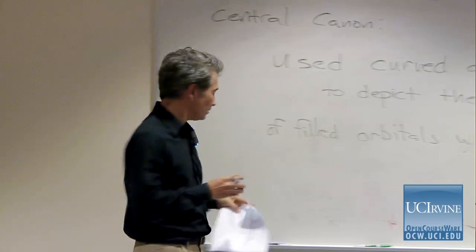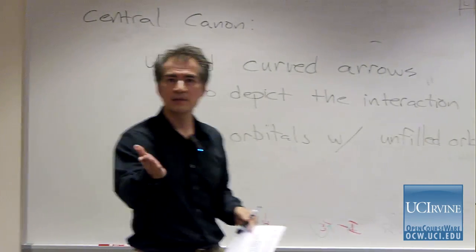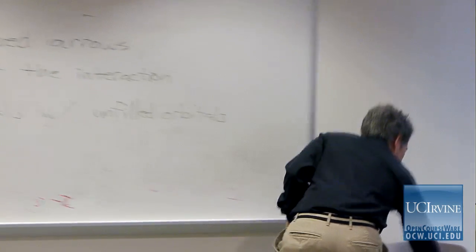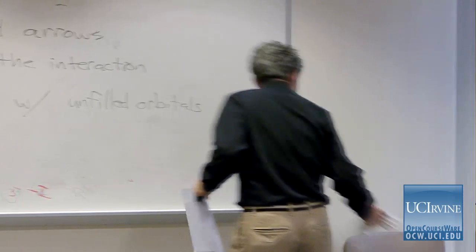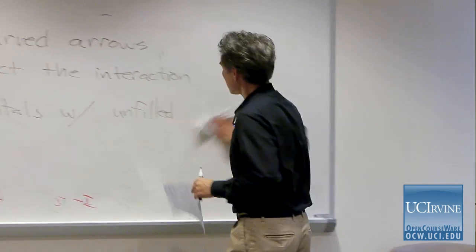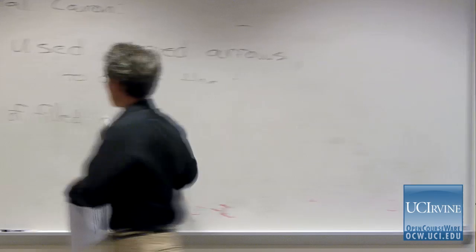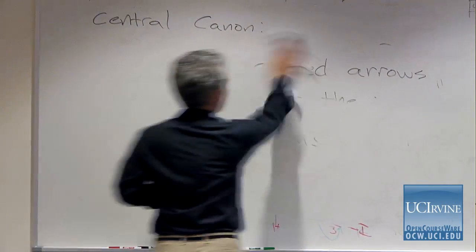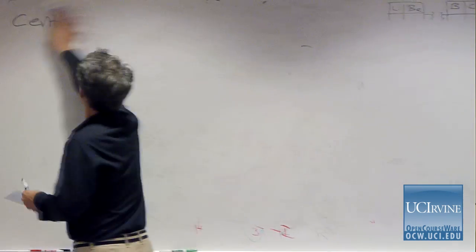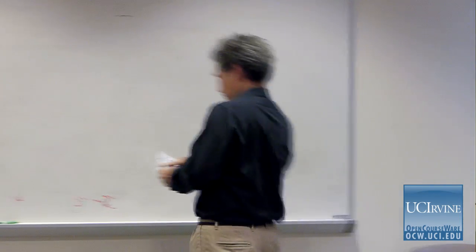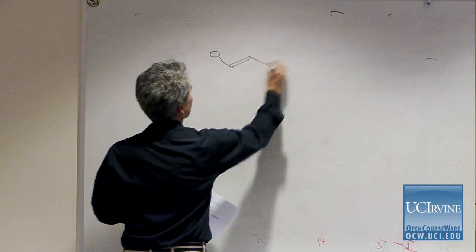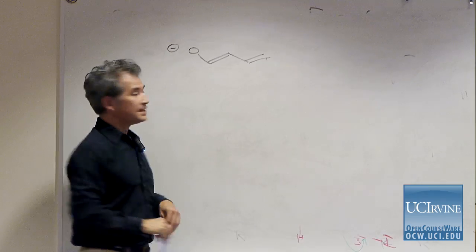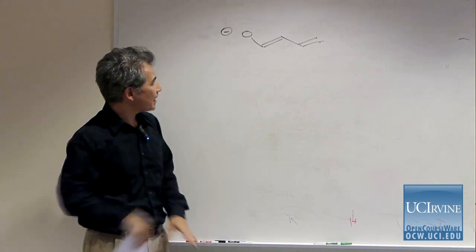Let me give you an example to suggest that you've probably been doing this whether you recognize it or not. This isn't something new. In fact, you've probably been doing this from your first days drawing out reaction mechanisms as a sophomore in an organic chemistry course. Here's an extended enolate that you could get by deprotonating an aldehyde.